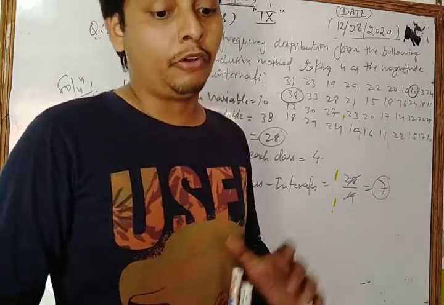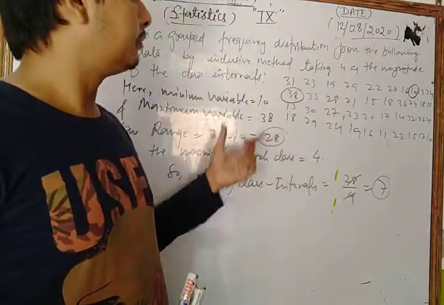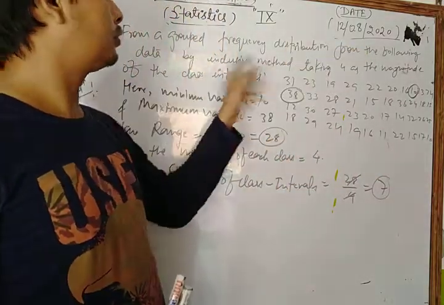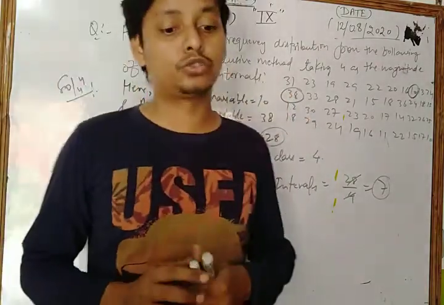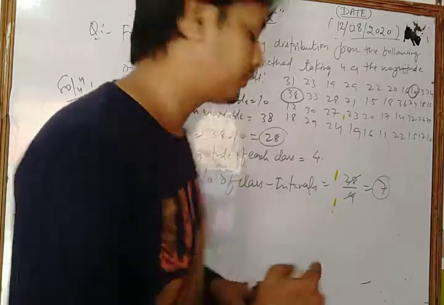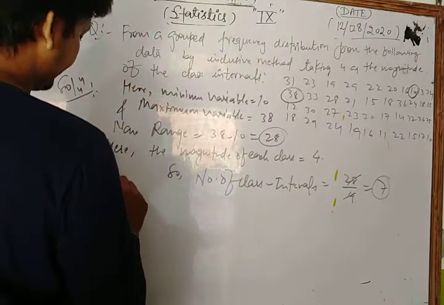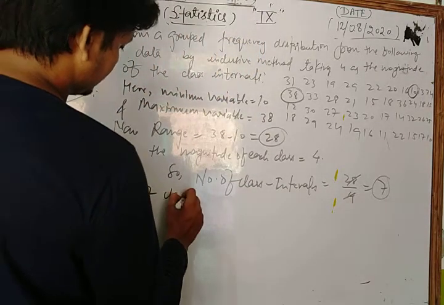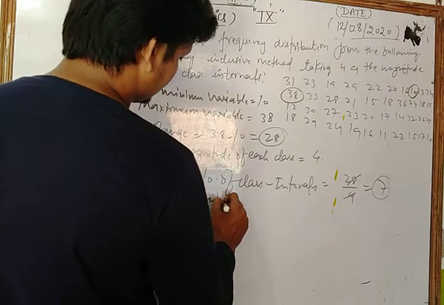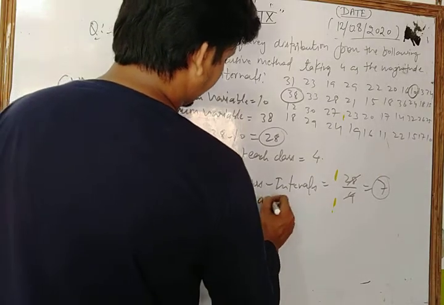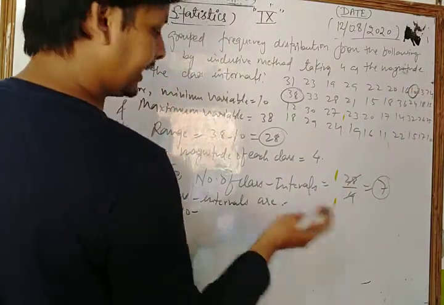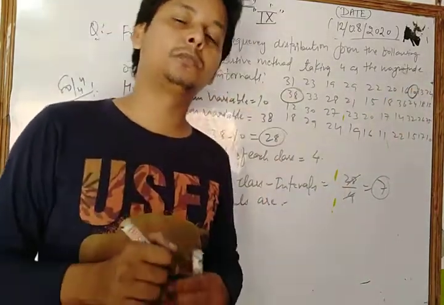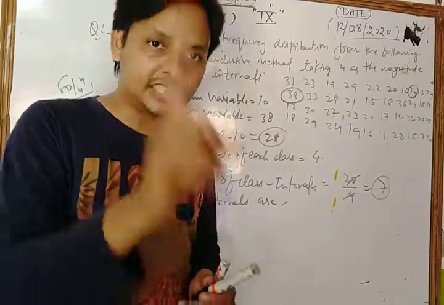Now we take 10 as the lower limit, because we form the distribution by the inclusive method, taking 4 as the magnitude of the class interval. In the inclusive method both the lower and upper limits are included.